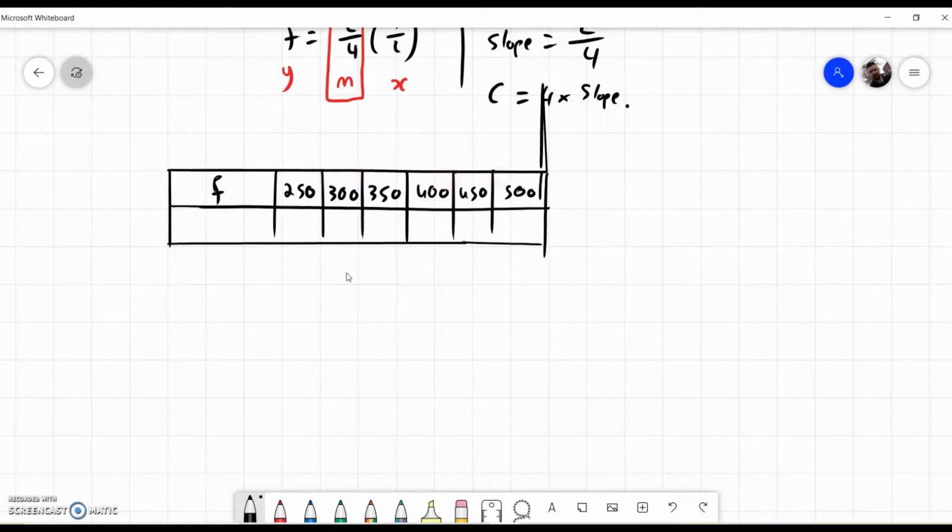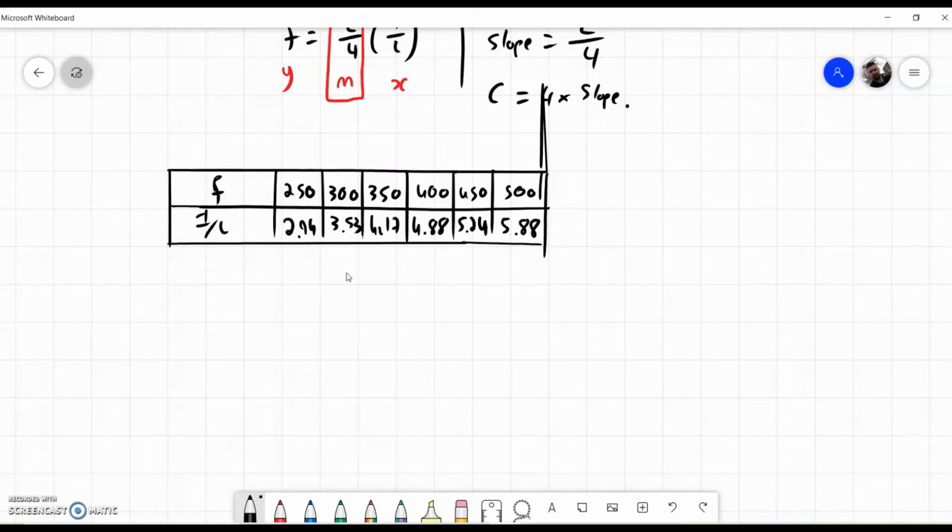And my reciprocal values for length in meters is going to be equal to 2.94, 3.53, 4.17, 4.88, 5.24, and the last one is 5.88.